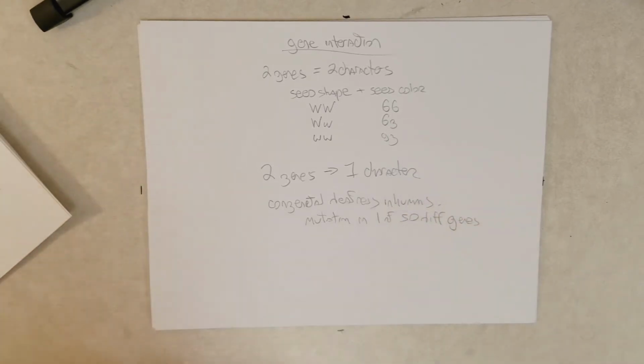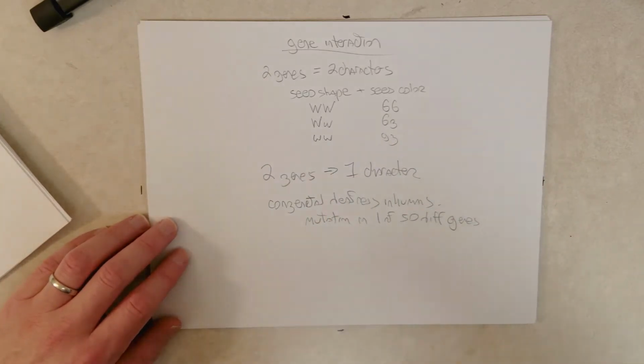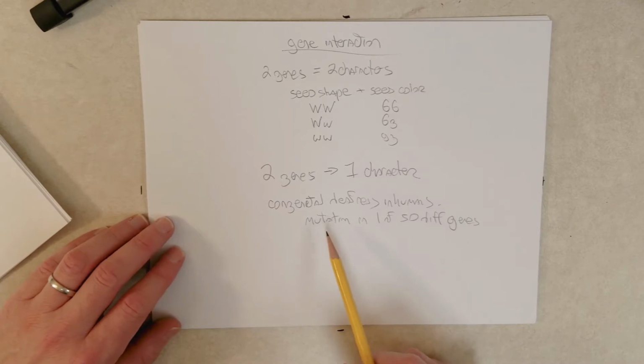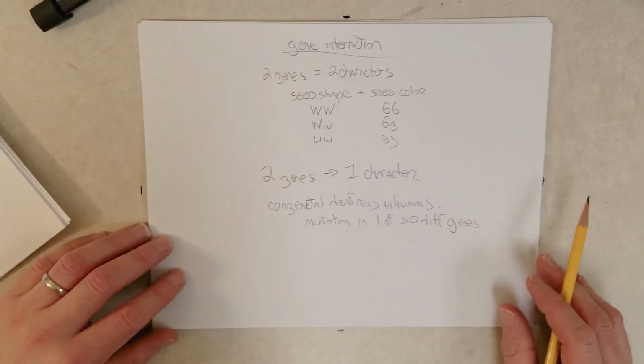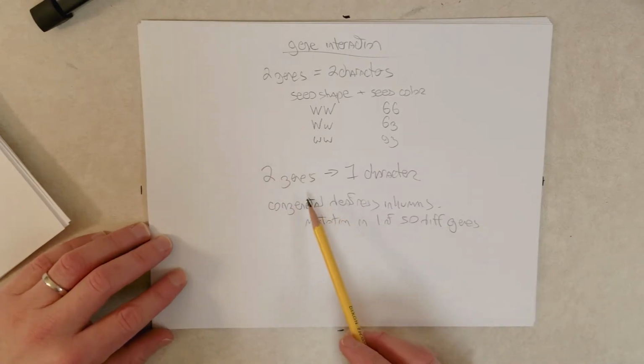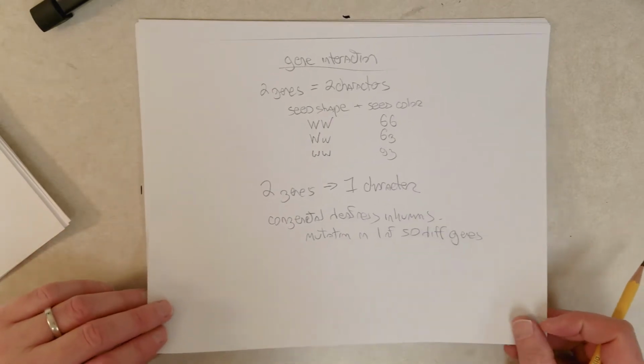So we need at least 50 genes to be working perfectly, or almost perfectly, in order for humans to hear. So gene interaction, 50 genes interacting together to make one complex trait. So gene interaction is really important, and we're going to take a look at how 2 genes combine to influence one character as an introduction to gene interaction.